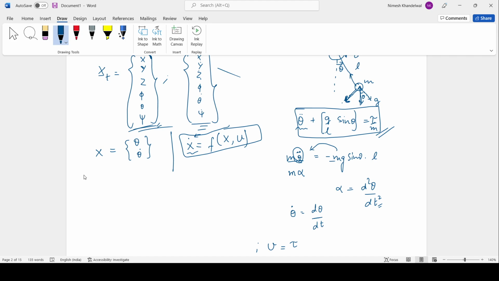We can write sine theta as theta minus theta cube by 3 factorial plus theta to the power 5 by 5 factorial, and so on. Do you know we can write sine theta like this? Yes, sir, I've seen this series. Right, this comes from the Taylor series expansion.